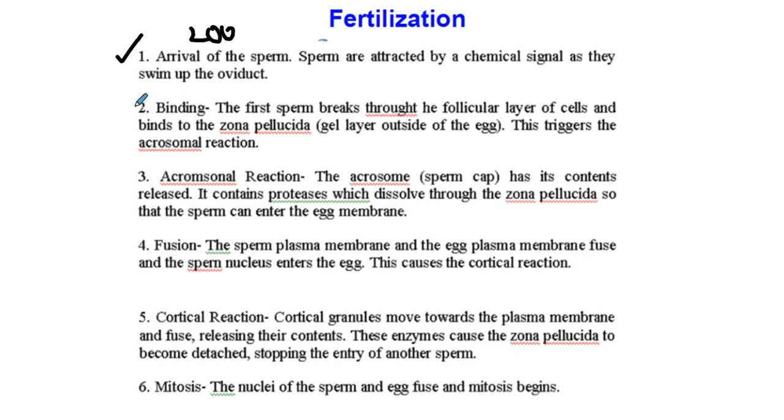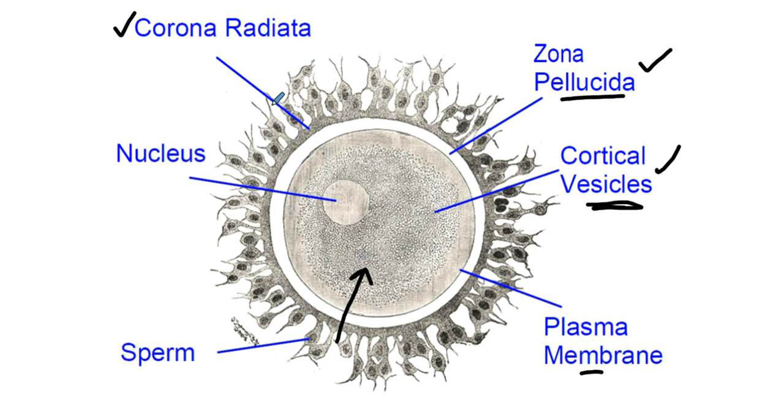The next thing is that the sperm then bind to it, and they break through the follicular layer of cells, and they try and enter into that dead zone there, the zona pellucida. So let's go back up here. Suppose that one of them, let me erase this guy here so we don't get misled. Let's suppose that one lucky sperm enters into the zona pellucida there, okay? And all the other guys are close behind.